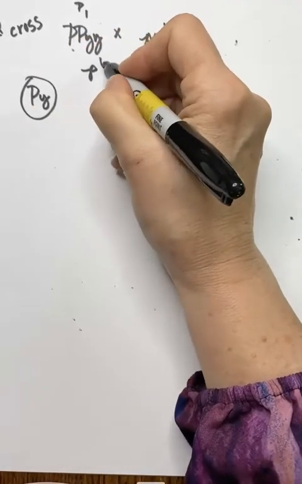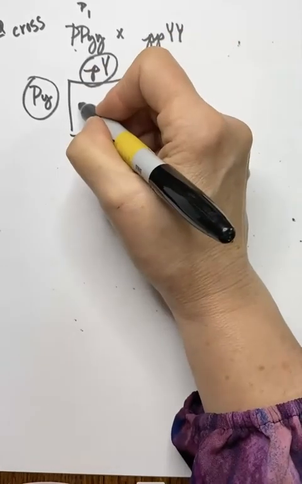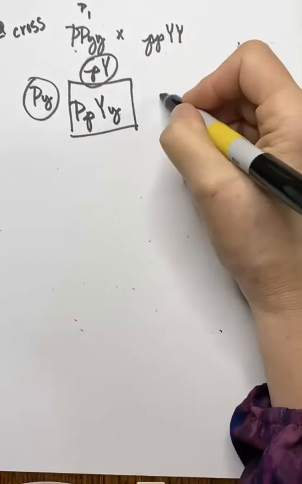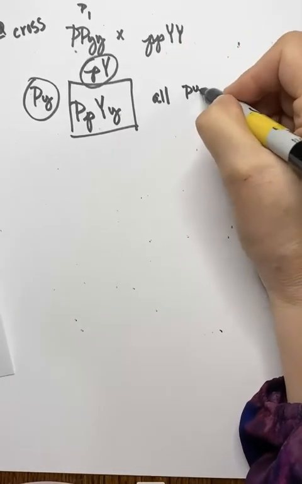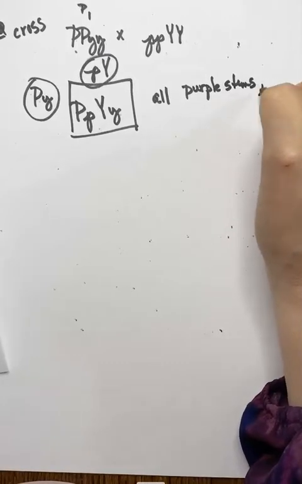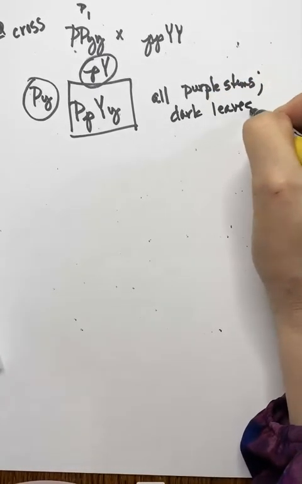This one, only little p, capital Y. So what are we getting in? Little p, capital Y, little y. Oh, the offspring are going to have purple stems and dark leaves. Okay.